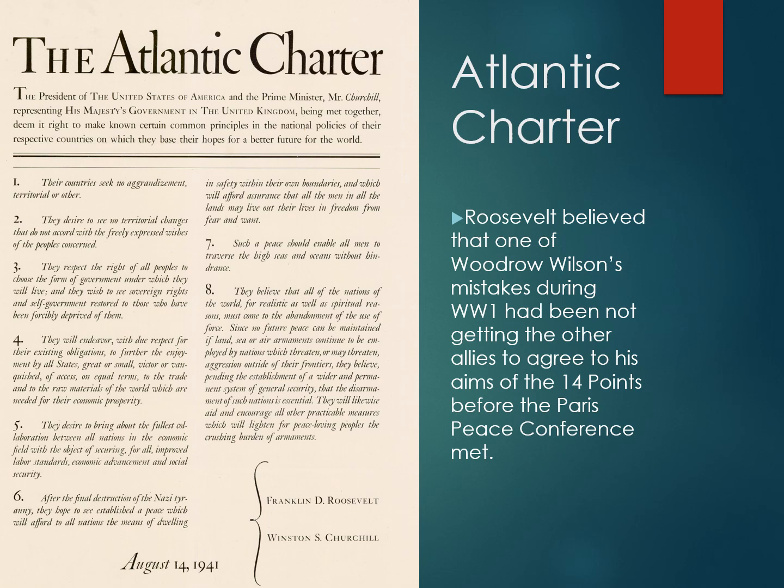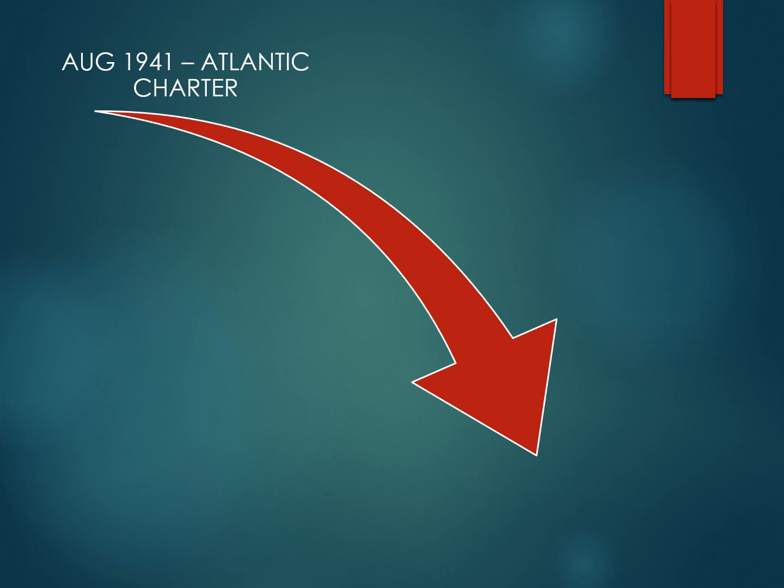So the Atlantic Charter was agreed between Churchill and Roosevelt in August 1941.